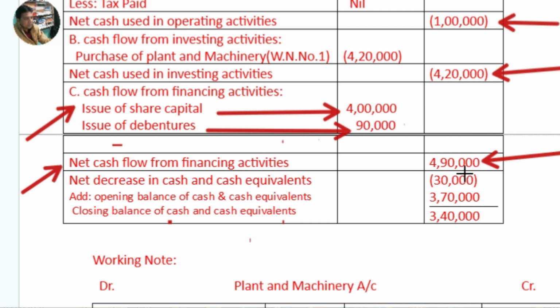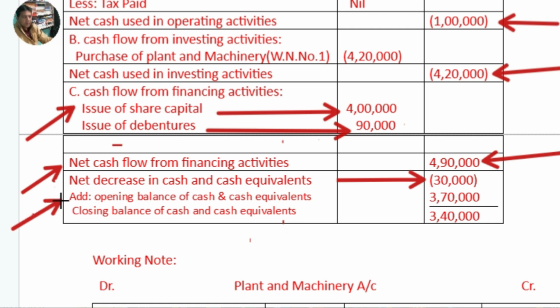So minus 30,000 balance. Minus means decrease, plus means increase. So here it is to be written net decrease in cash and cash equivalent, and this represents minus 30,000.